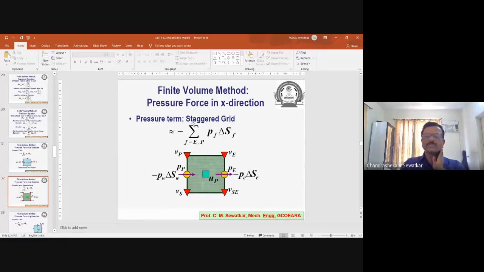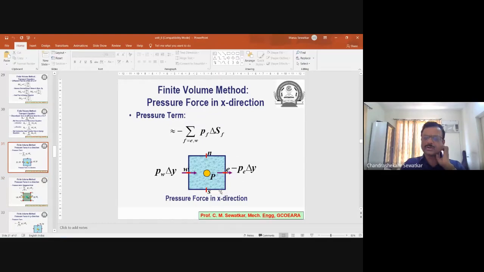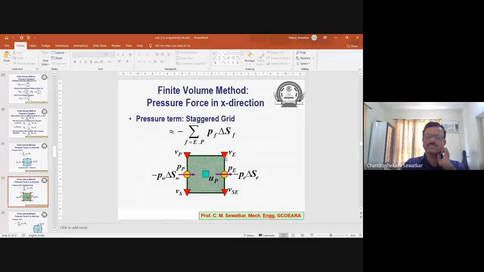Similarly, the pressure term is shown with respect to the main control volume, but when it comes to solving the x momentum equation, we need to make use of the u control volume. So in terms of the u control volume, this PE can be replaced in terms of capital P E, and PW can be replaced in terms of PP. Sorry, the negative sign here is a typographical mistake.